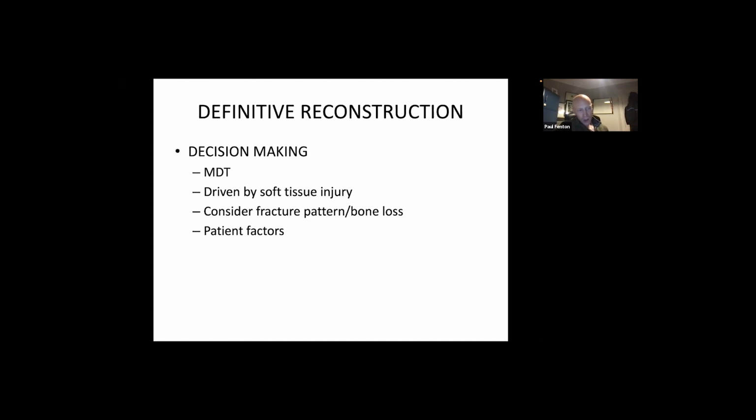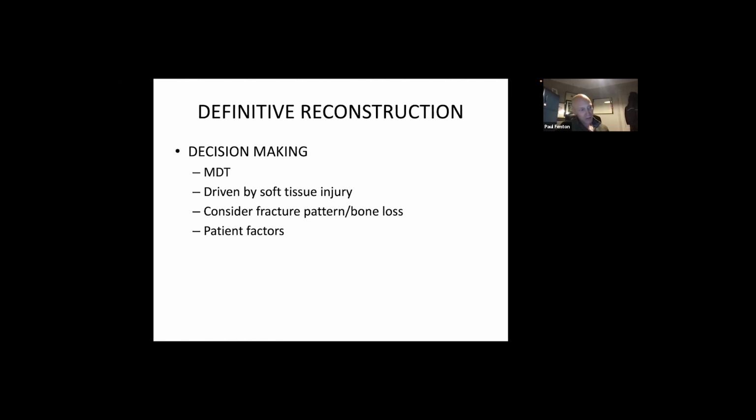A lot of the decision making about the timing of reconstruction and the details of the reconstruction are driven by the soft tissue injury. The plastic surgeon will need to decide what tool they're going to use to reconstruct the soft tissues. They might be able to do a simple skin graft, but often in high energy injuries, that's not going to be appropriate.